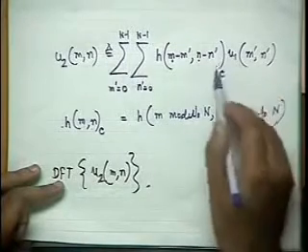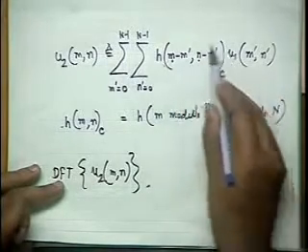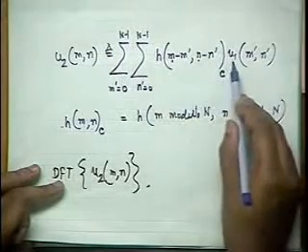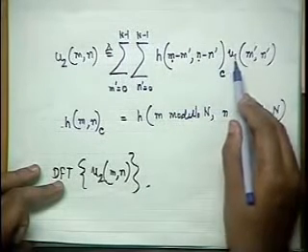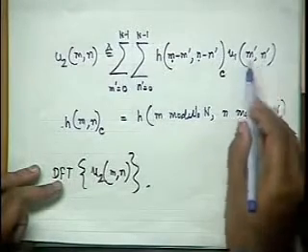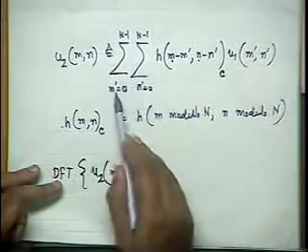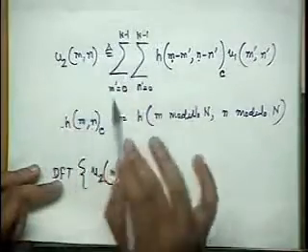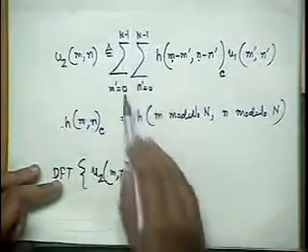And what we are simply doing is multiplying this function by the u1 function, the image function, whose indices are m prime, n prime, and this we are summing over m prime equal to 0, n prime equal to 0 to n minus 1. Both m prime and n prime are defined over 0 to n minus 1.